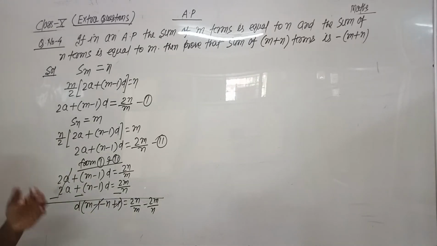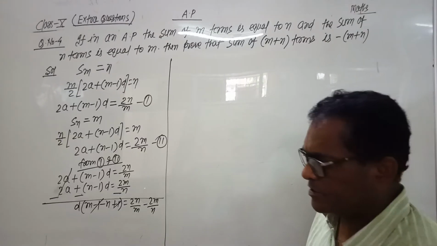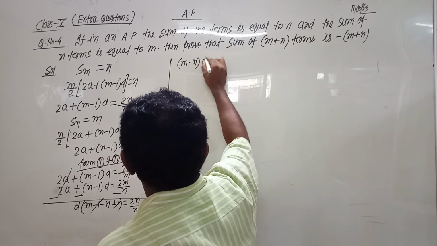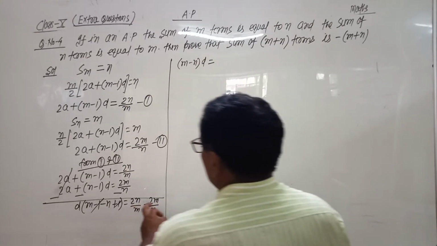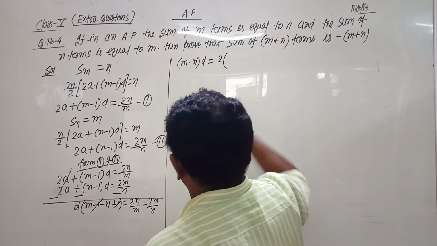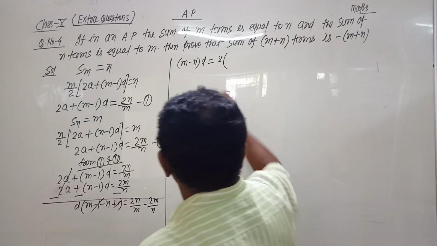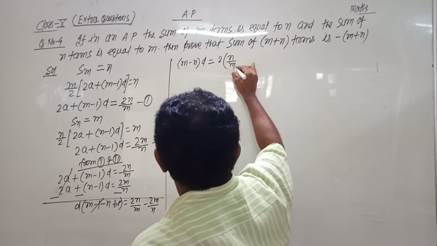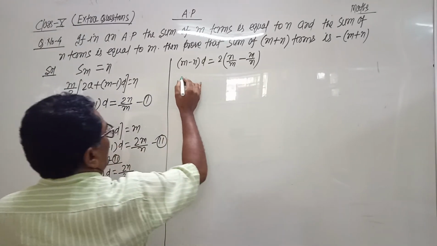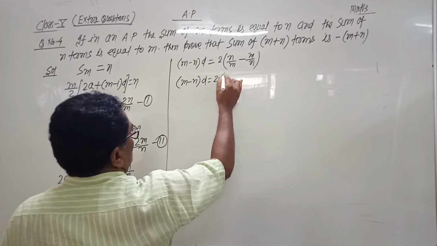Minus 1 plus 1 cancel, and we get (m minus n) into d. From these two terms, we take 2 as common, so n by m minus m by n, and (m minus n)d equals 2 times that.